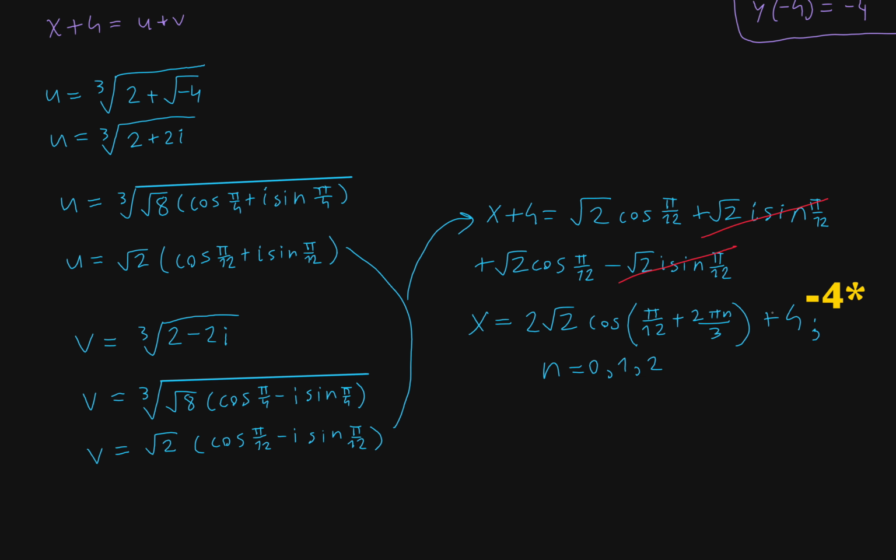So pi over 12 just itself, then pi over 12 plus 2 pi over 3, and then pi over 12 plus 4 pi over 3. After simplifying these, we're going to get x is equal to -6, then -3 plus or minus root 3. And those are all of these solutions.